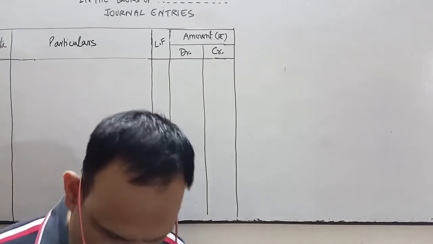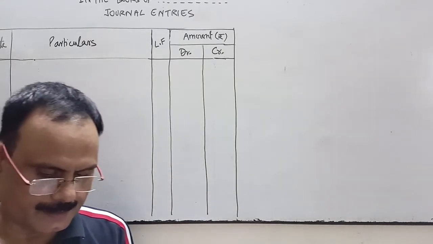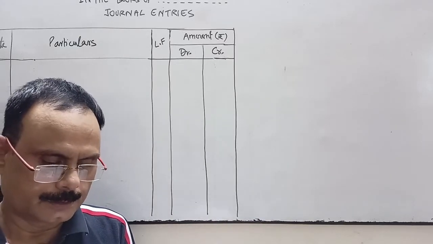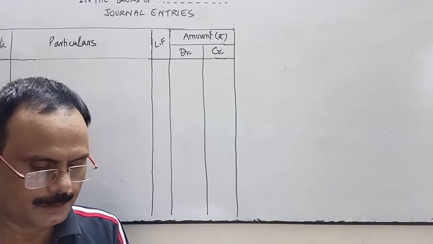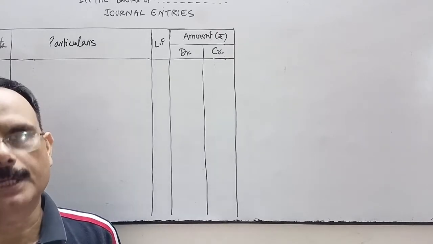Okay, so the question is: from the following transactions, enter in the journal of Messrs. Tripathi Brothers.